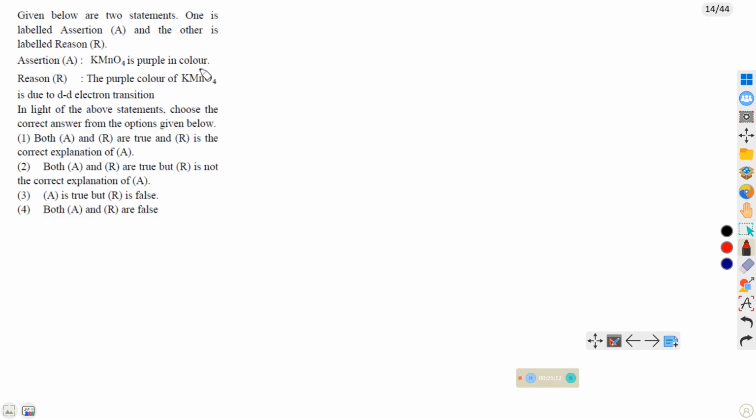Assertion: KMnO4 is purple in color. Correct. The purple color of KMnO4 is due to d-d electron transition. Wrong. KMnO4 is colored due to the charge transfer phenomenon.